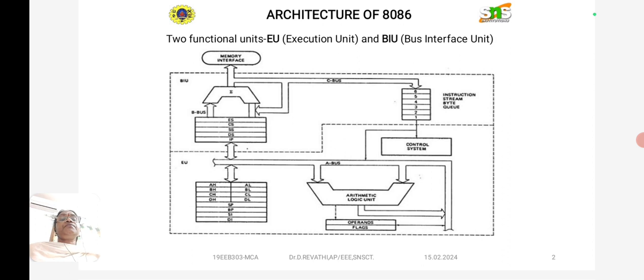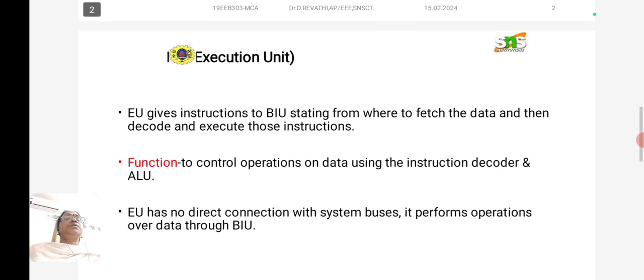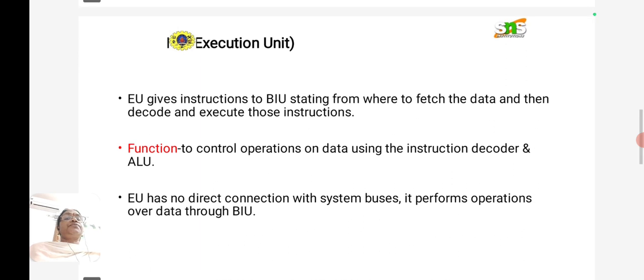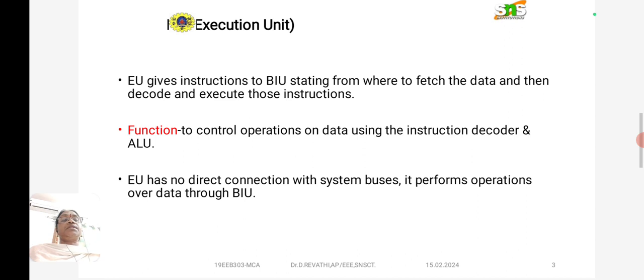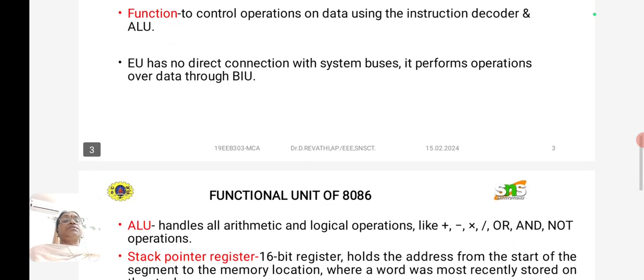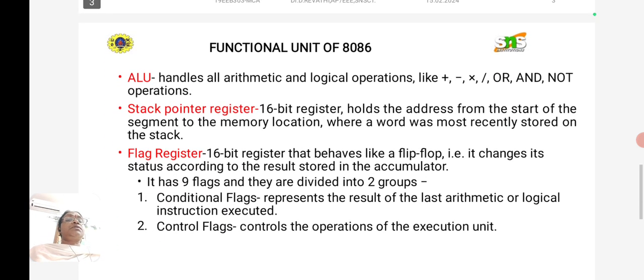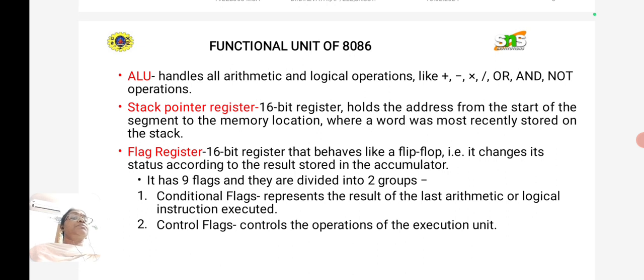These are the advantages of 8086. Now the execution unit: it tells the BI unit to transfer the data, where to fetch the data, and then decodes and executes. The ALU handles all the arithmetic and logical operations: addition, subtraction, multiplication, and the logical operations AND, NOT, etc. Next, special function registers are also there.